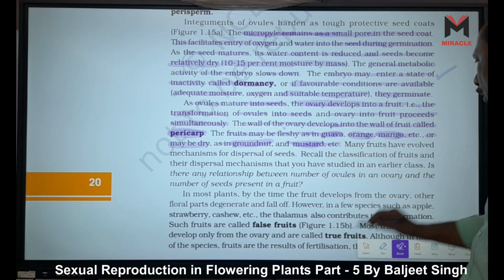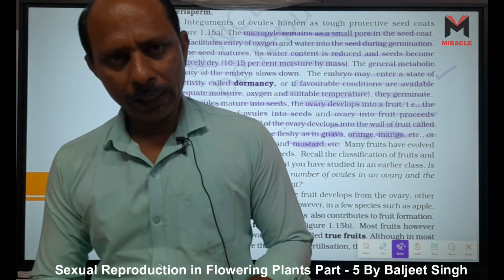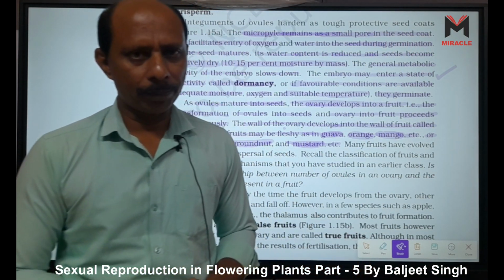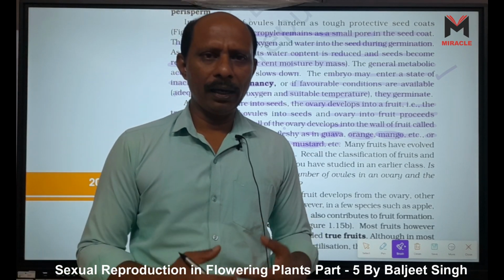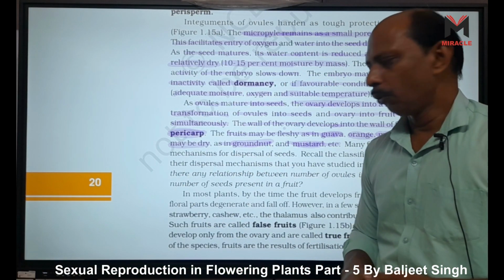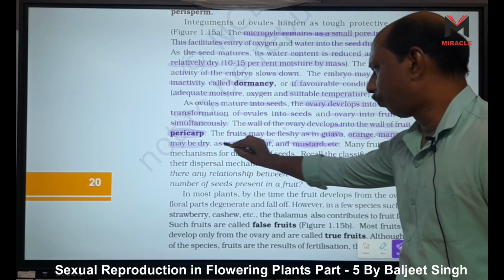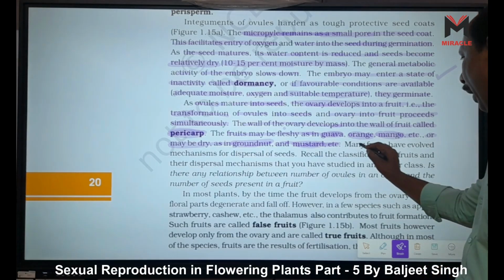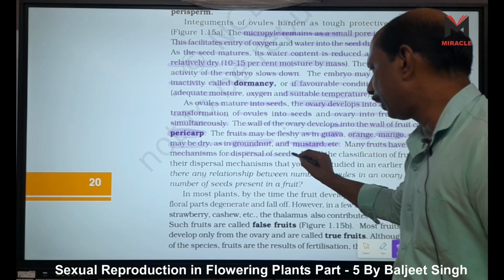And this dry means what? We have 3 types of dry fruits: dehiscent, indehiscent and schizocarpic, right? Now there are 4 types of dehiscent, 4 types of indehiscent, and 4 types of schizocarpic fruits. Already we read that in morphology; you can see it in my video on morphology of flowering plants. Many fruits have evolved mechanisms for dispersal of seeds.